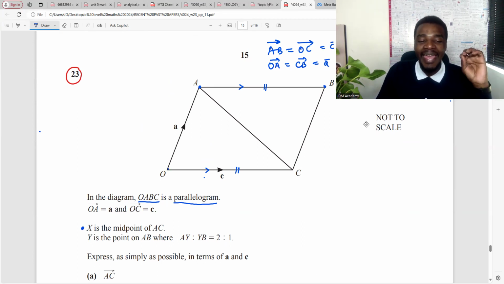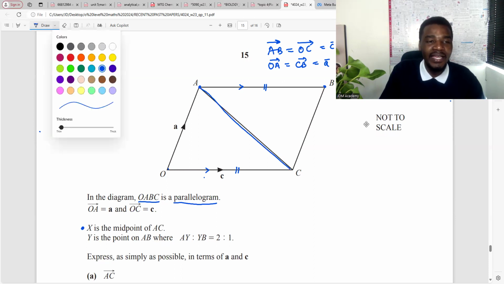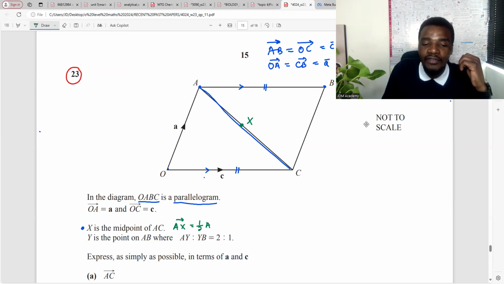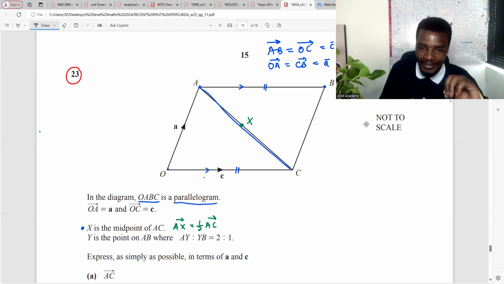Let's say X is the midpoint of AC. As you see, this is our line AC. They say X is along this line and it is the midpoint. So what does that mean? If X is the midpoint, vector AX, from A to X, is half of AC.